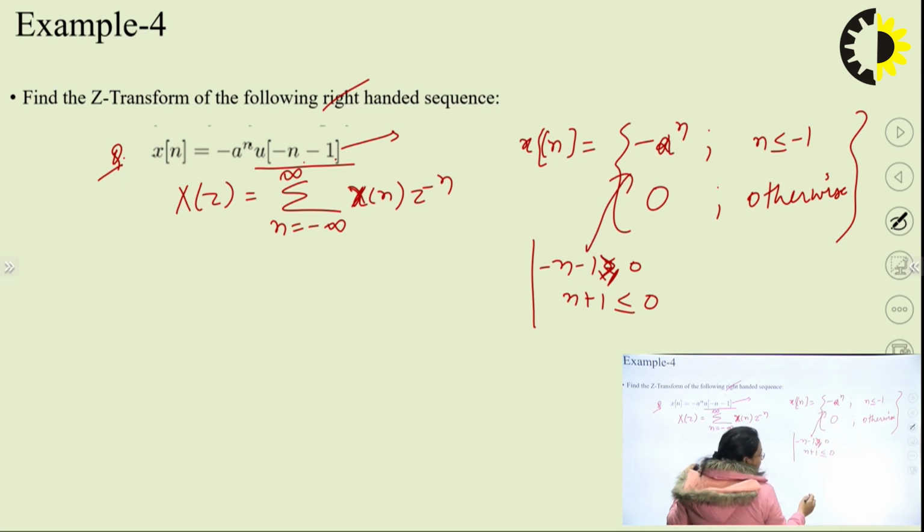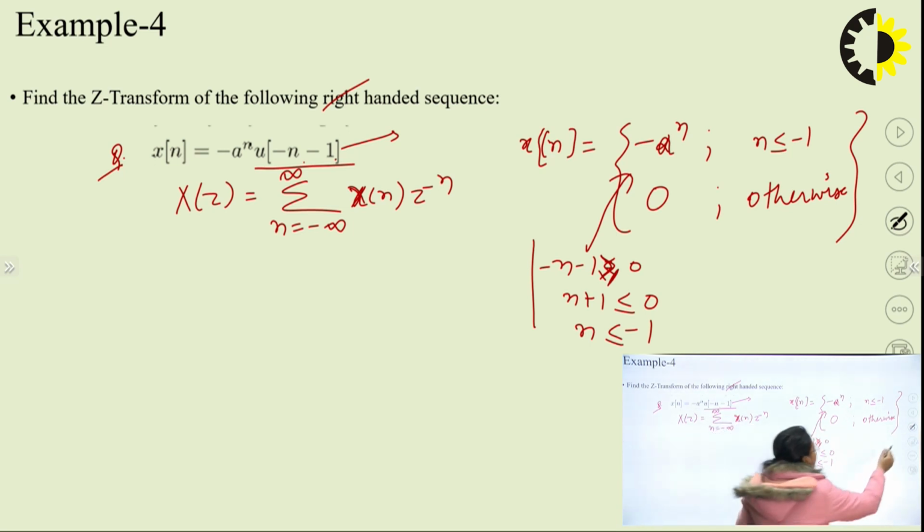So for n less than or equal to -1 the value is -a^n, and for n greater than -1, the value will be 0.